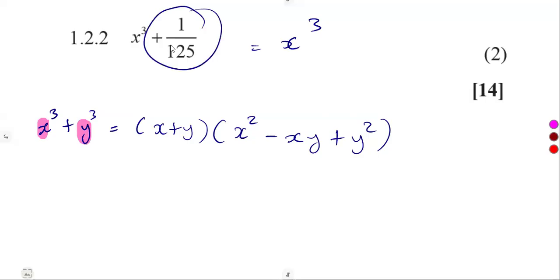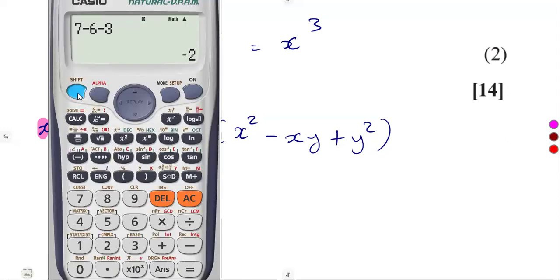But what about this 1/125? How can we know that number? Since it is to the exponent of 3, just find the cube root of 1/125 so that you can simply know which number was it that was raised to the exponent of 3. So it was 1/5.